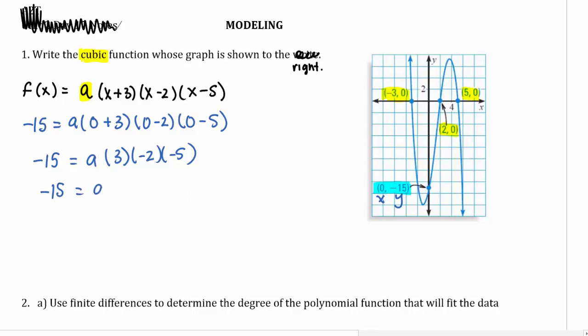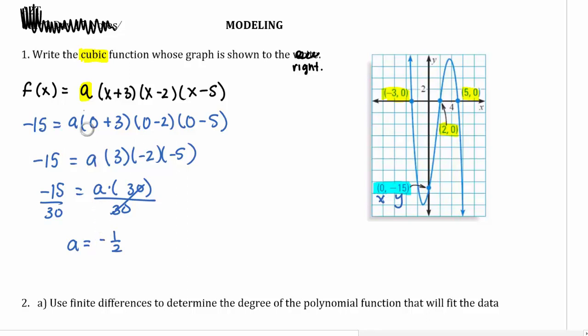So that calculates to positive 30. And I need to still solve for A. So since I'm multiplying this together, I'm going to divide both sides by 30. So I get A is equal to -1/2.